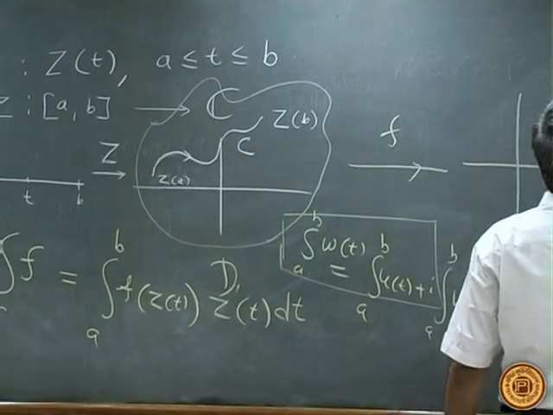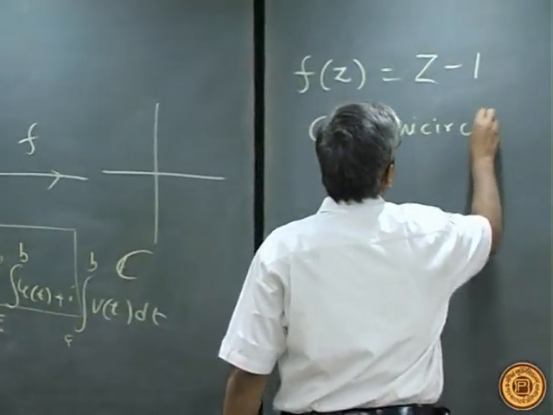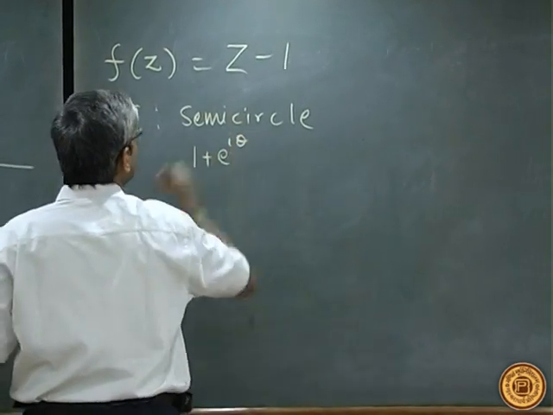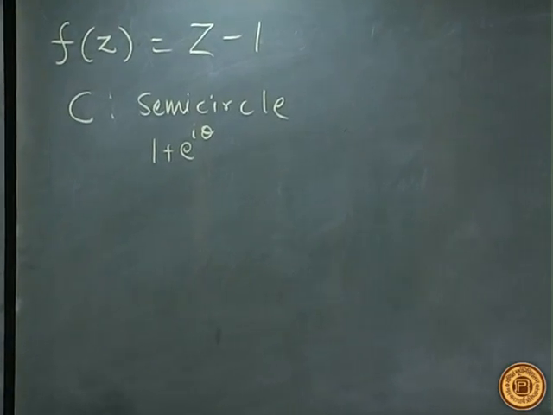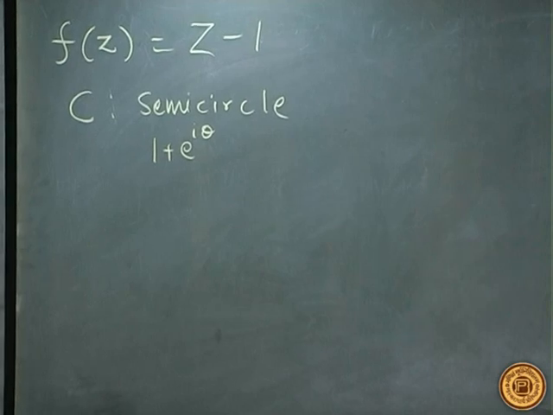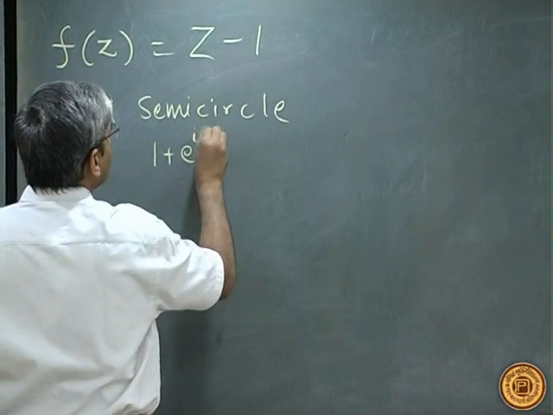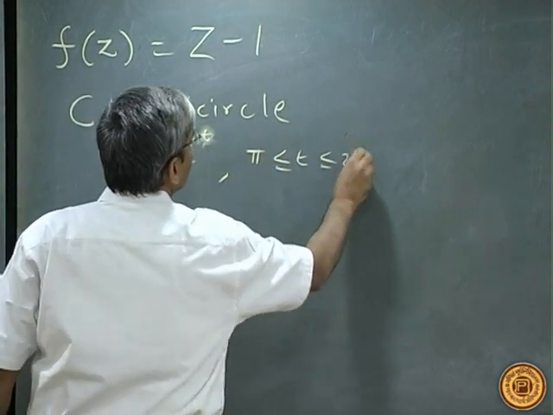So C is the semicircle 1 + e^{it}, the symbol t is used there, with −π ≤ t ≤ π.